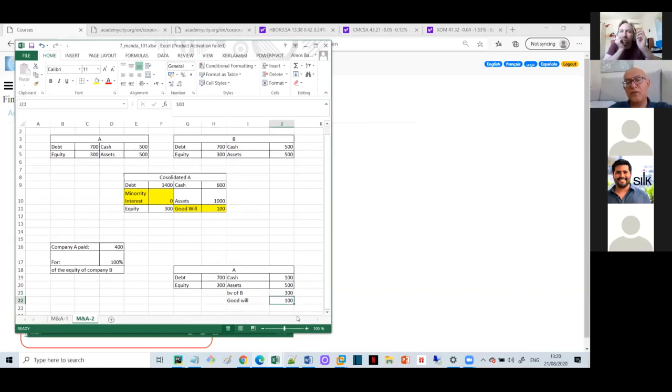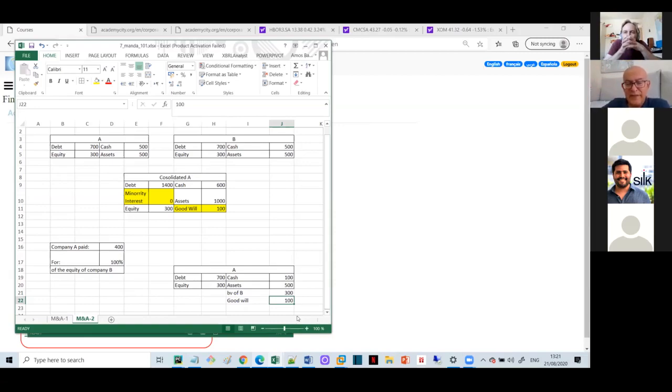Why did I pay 100 extra? Maybe because I believe that the book value of company B doesn't reflect a lot of intangibles that company B does have. That's why people overpay, because they believe what they're buying is worth even more. So if I paid more than 300, maybe I believe there are some intangible assets, and we distinguish them from different types of intangibles by calling it goodwill.